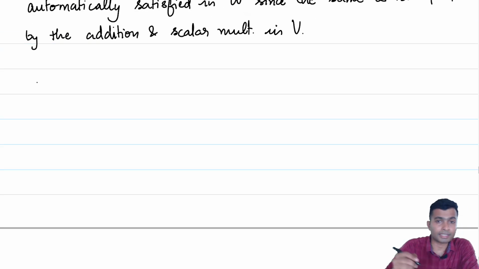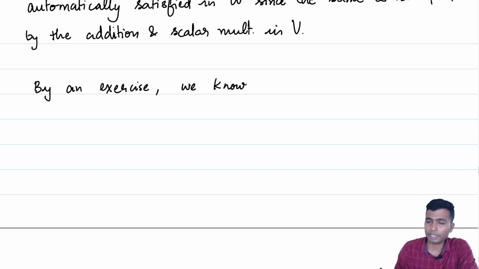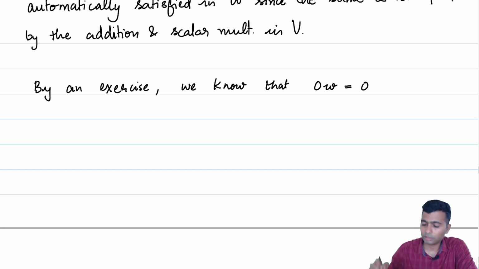Now, by an exercise that we did in the previous session, we know that if you consider the scalar 0 and look at the scalar multiplication of 0 with some vector w in capital W, this should end up with the 0 vector. So, if you have not done that exercise, please sit and do the exercise and convince yourself that if you multiply the scalar 0 to a vector, you get the 0 vector.